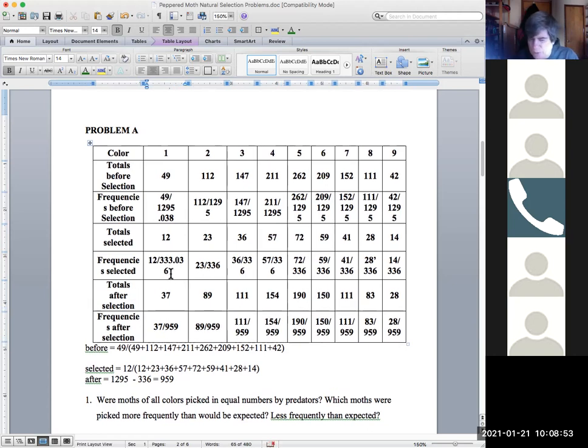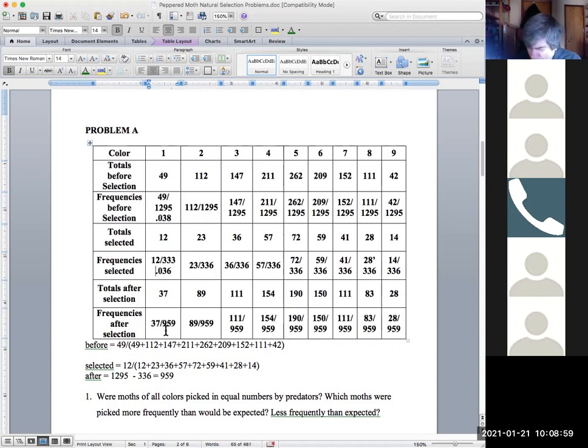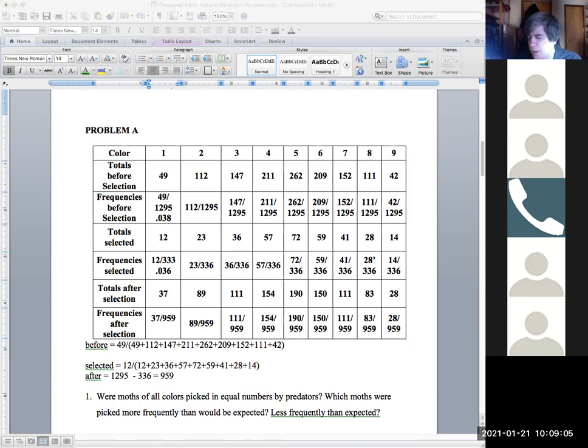And I got 0.036 when I did that. Okay, and then for the last one, we're going to look at 37 over 959.